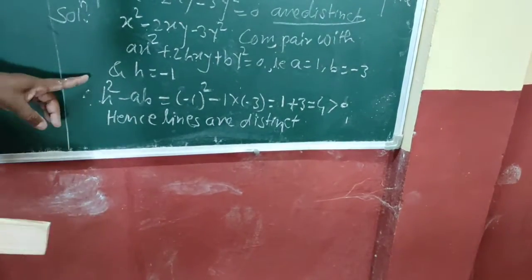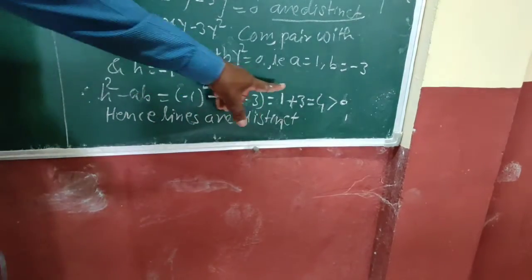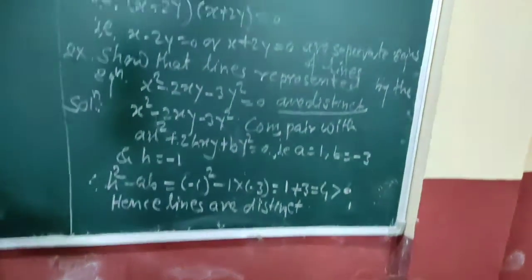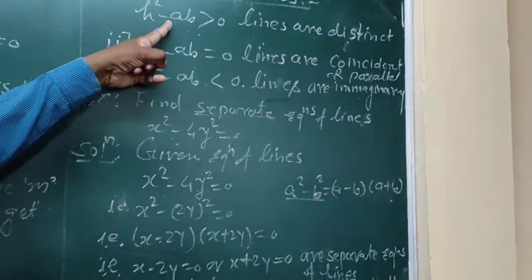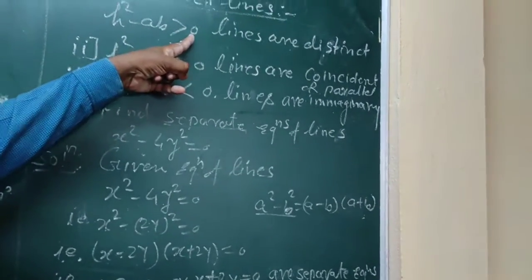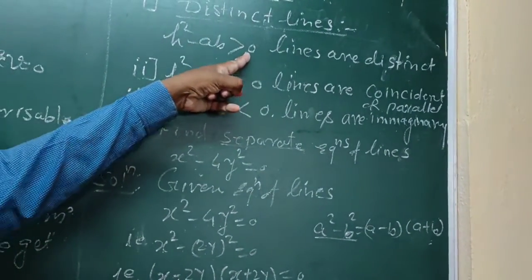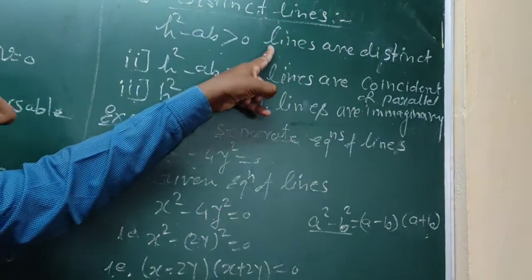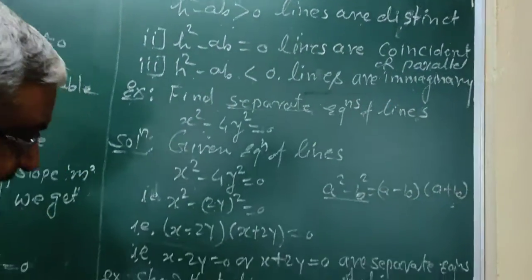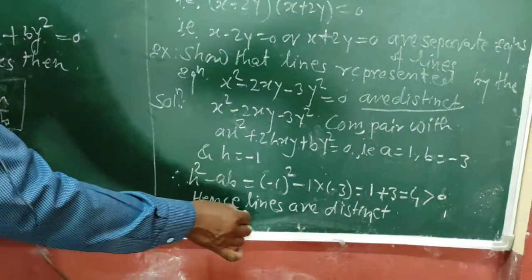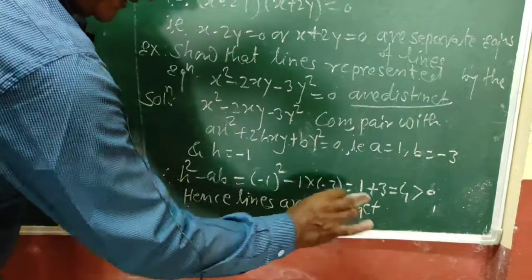What do we get here? h square minus ab is greater than 0, this condition is satisfied here, and therefore definitely we can say that the lines are distinct lines.